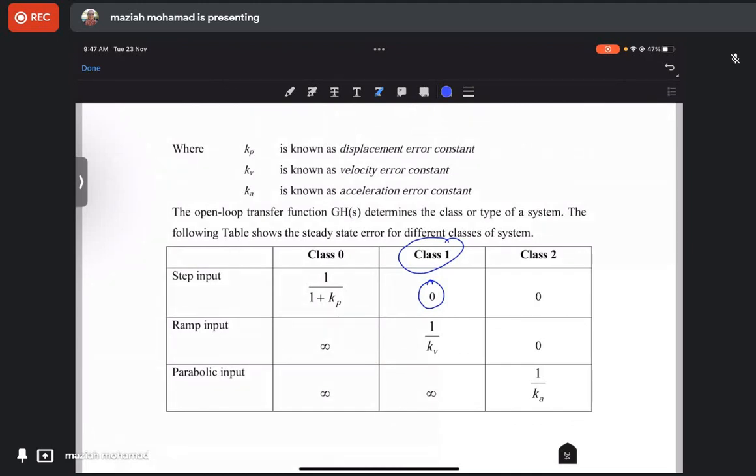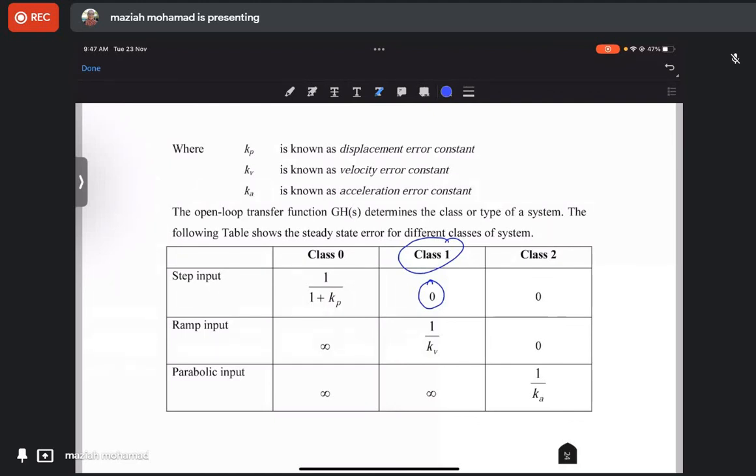So it is 1 over a value, 1 plus something. So the error will always be there for this step input. Any question?